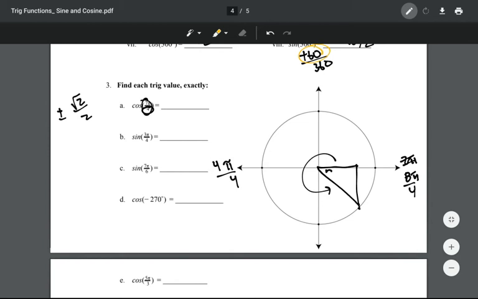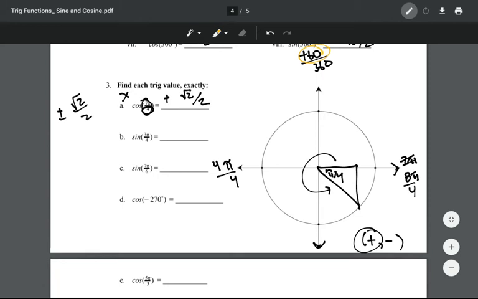So my reference angle is pi fourths. I am in quadrant 4. I've got positive x's and negative y's. I want to find the cosine, which is x. I knew right off the bat it was a radical 2 over 2, but because I'm in quadrant 4, it's going to be a positive radical 2 over 2.